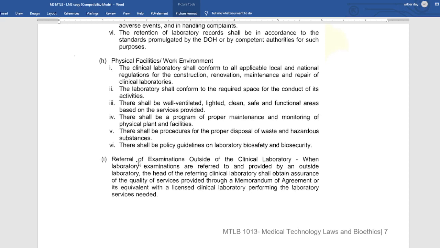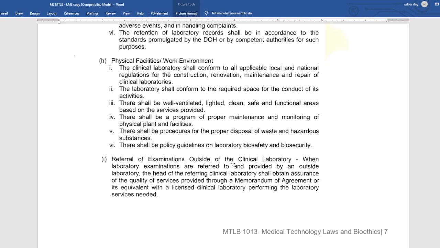So, what do you mean by this one? Referral of examination outside the clinical laboratory. In cases wherein the clinical laboratory cannot offer all of the tests or some of the tests, it can refer the samples to other clinical laboratory provided na meron silang memorandum of agreement.